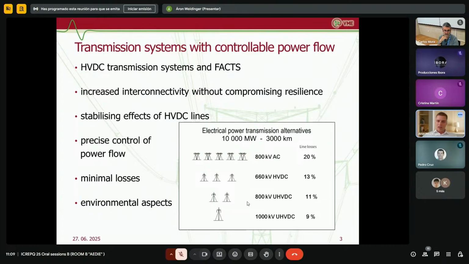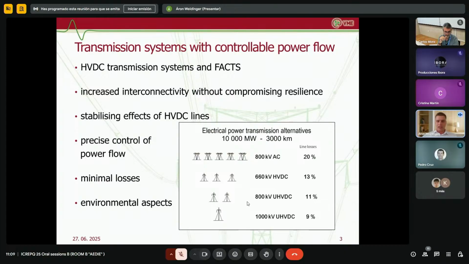One promising path toward improved stability is the use of technologies that offer controllable power flow. Among these technologies, HVDC systems are particularly relevant, although they are often complemented by FACTS devices on the AC side. HVDC lines contribute to stability in multiple ways.